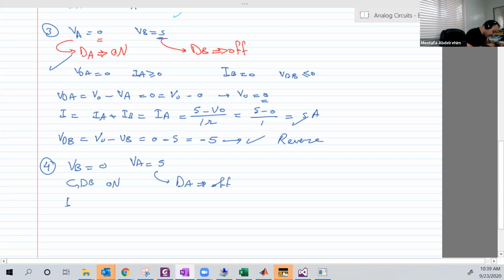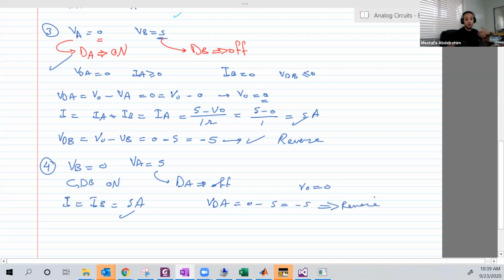You will find that I equal to IB equal to 5 amps, which is positive, so the assumption for DB at least is correct. Then you will find that VO is equal to 0, and VDA will be equal to 0 minus 5, which is minus 5. This is also correct because this will turn the diode into the reverse region, and in reverse the current is 0 as assumed in the beginning.